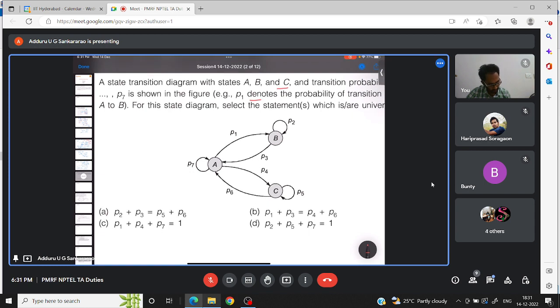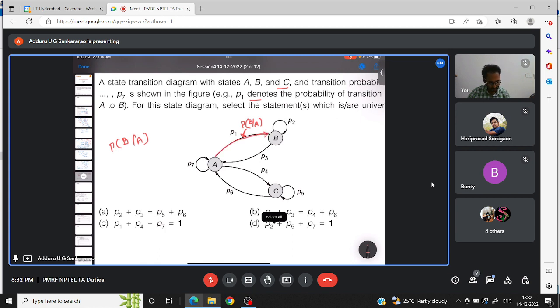Now this state transition probability is nothing but, given that I am in state A and I am going to state B, what is the probability that you are going to state B given that you are in state A? That is nothing but this probability.